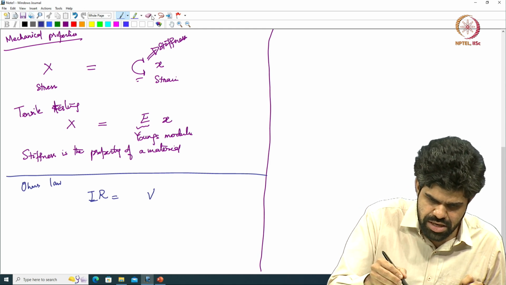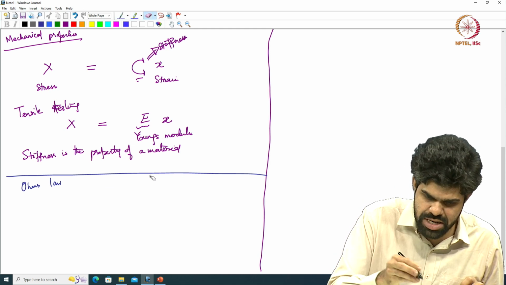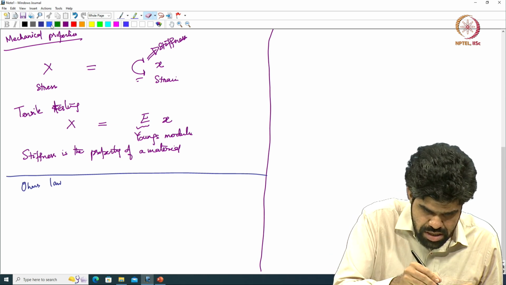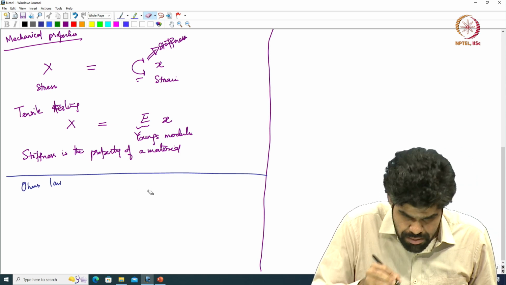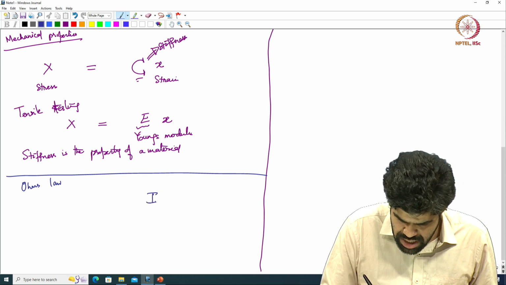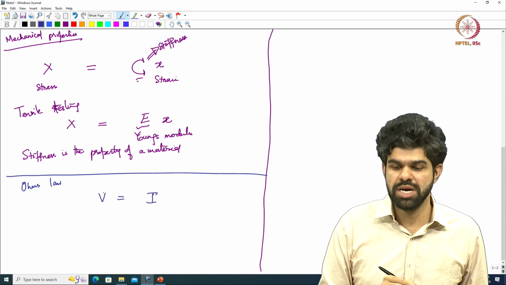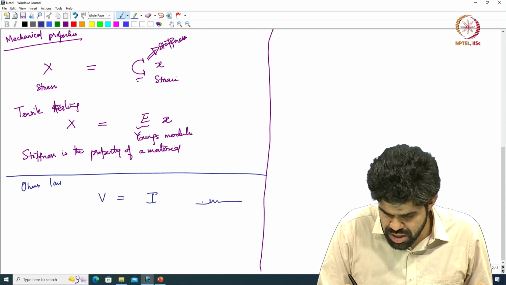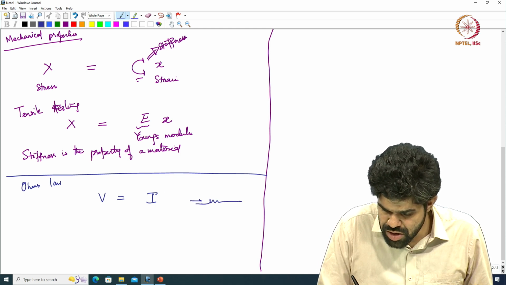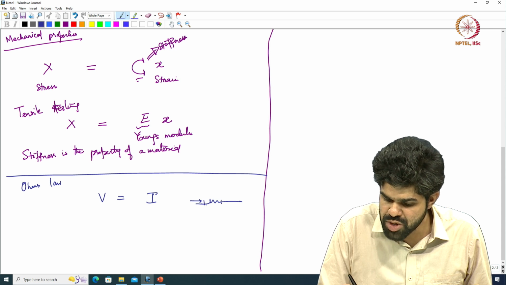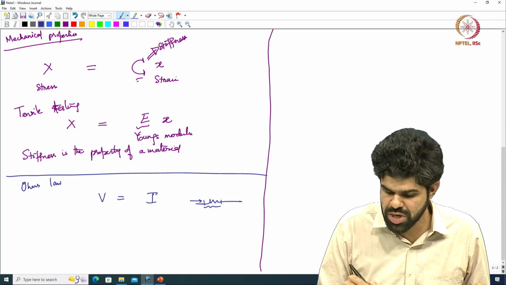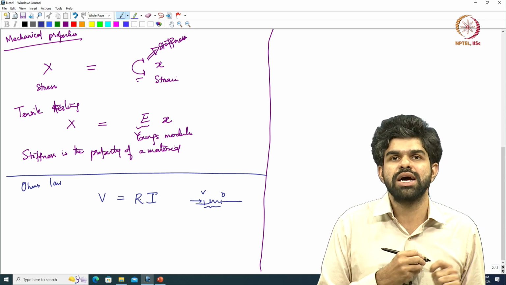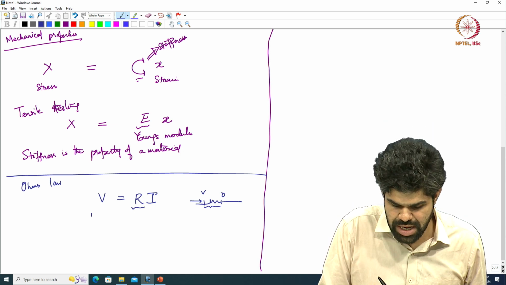Or in this case, actually what I am doing is I am doing the opposite experiment, where I am applying current. Okay, so I am applying current and I am generating voltage in my circuit, right. So if I just have a resistor in my circuit, if I am passing current through this circuit, I will create some sort of a potential difference between these two terminals. So this is V, this is 0. So the voltage that I am generating is going to be V equal to Ri, right. So where R is again a property.